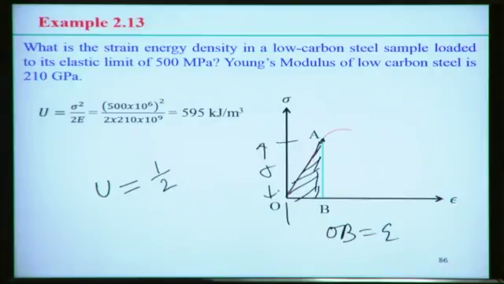So half of strain into sigma is the amount of energy per unit volume.